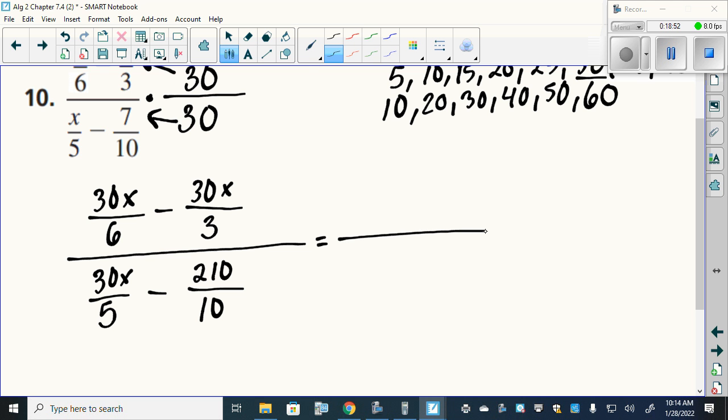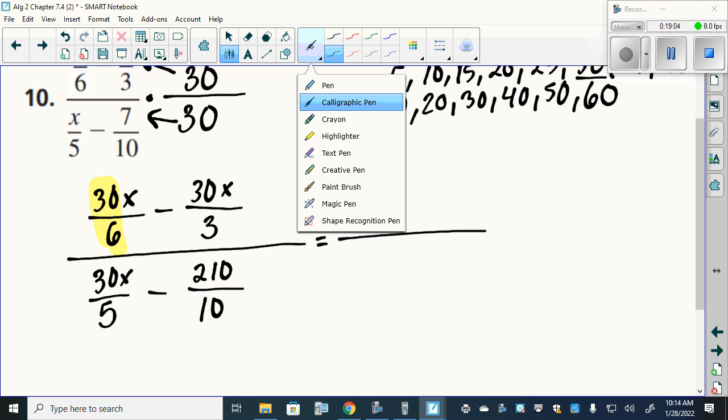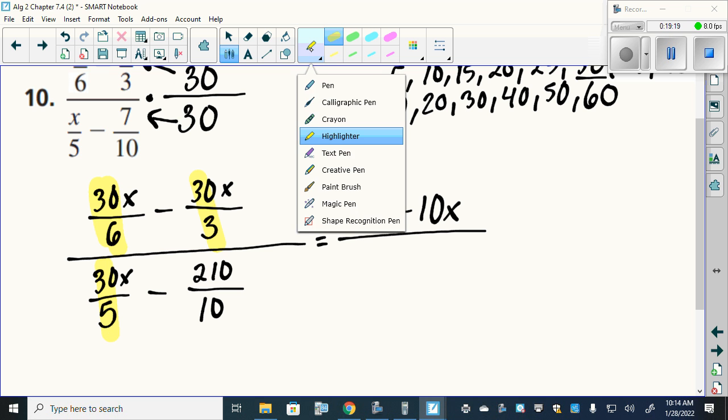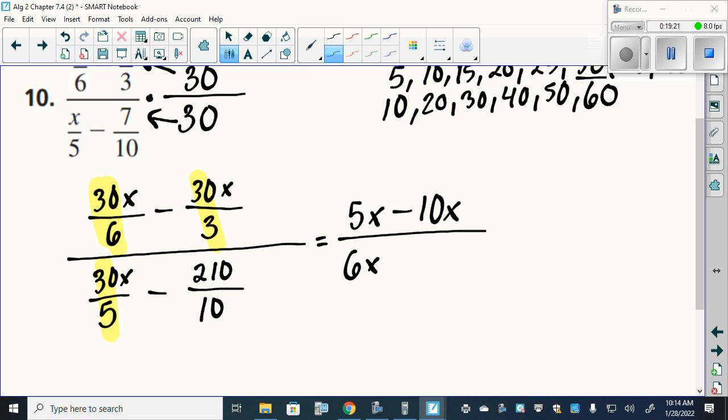Now we do need to simplify each one of these here. Well, 30 divided by 6 is 5, and we would have x. Here, 30 divided by 3 is 10, so minus 10x over 30 divided by 5 is 6x minus 21.